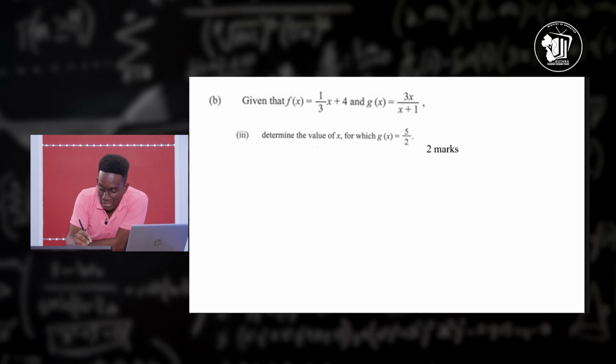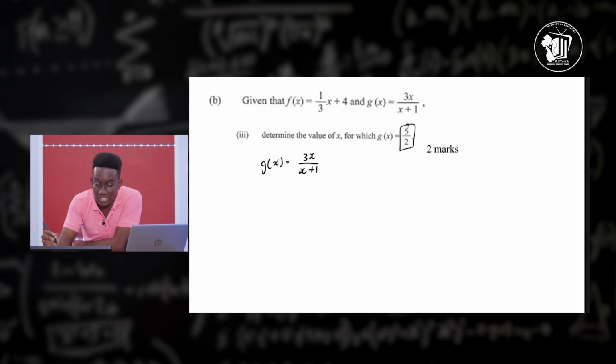We have g of x, let me write back that function, is equal to 3x over x plus 1. So instead of writing g of x, we'll say 5 over 2 is equal to 3x over x plus 1. So we have a fraction equal to a fraction.